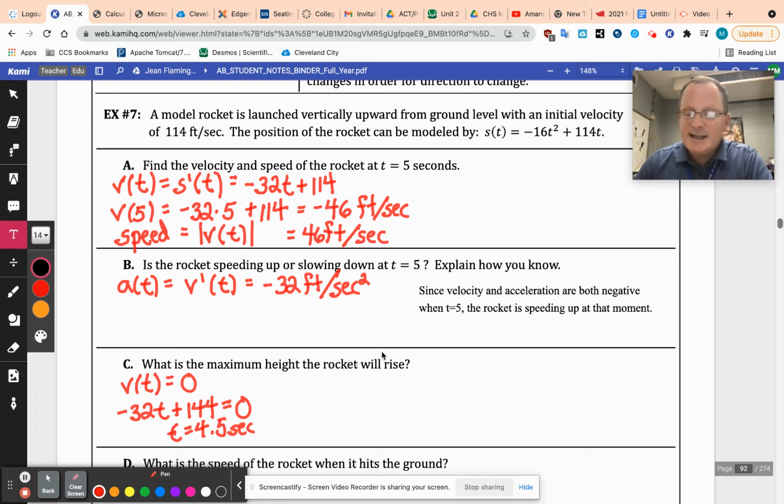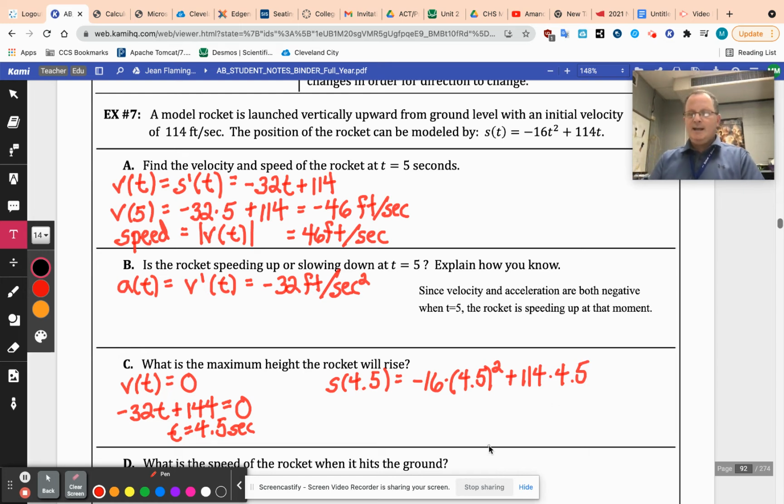However, that is the when, not the what. And so the what would be s of 4.5, which is going to be negative 16 times 4.5 squared plus 114 times 4.5.